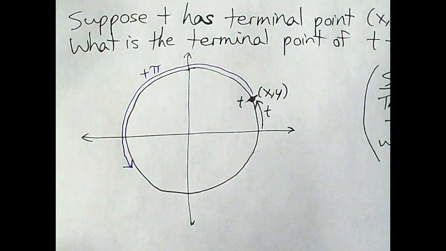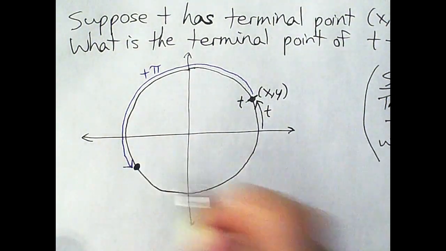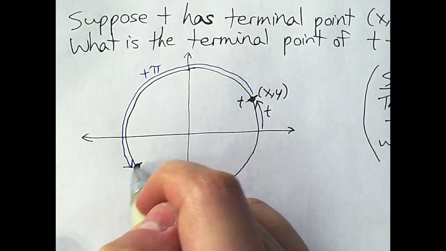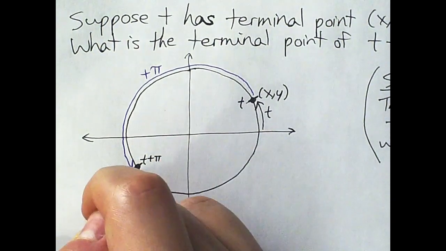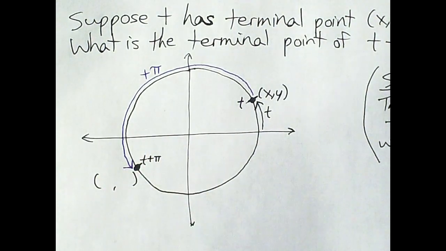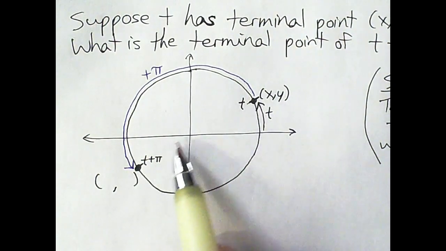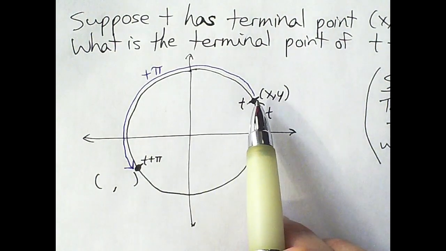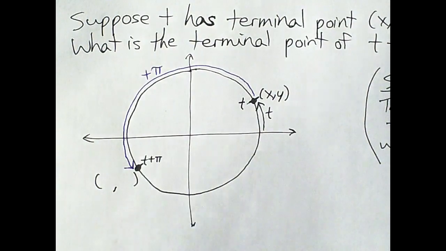What terminal point does it take us to? We've gone a total distance of t plus pi, and we arrive at some kind of terminal point. It looks to me like it's directly across. It's on the other side of the world, right? It's exactly directly across from x comma y.